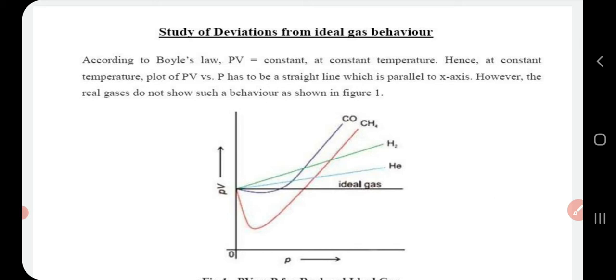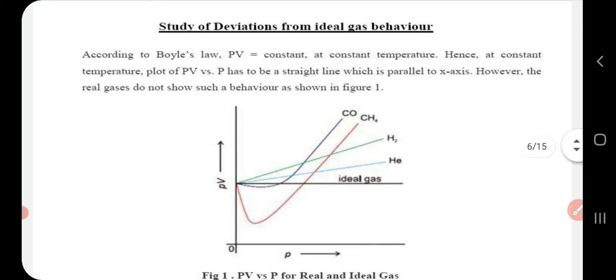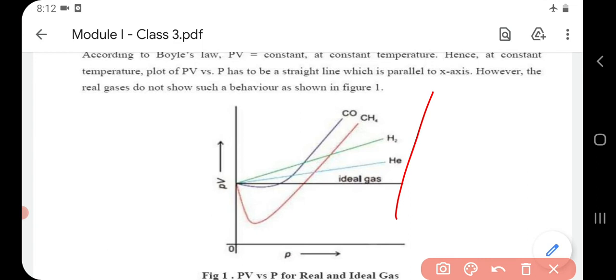ideal gas behavior. Now we know Boyle's law is PV equal to constant at constant temperature. Hence, at constant temperature, the plot of PV versus P, which is shown here, will be a straight line in the case of an ideal gas, and it is parallel to the x-axis. See this one, the straight line. However, real gases will not show this behavior.